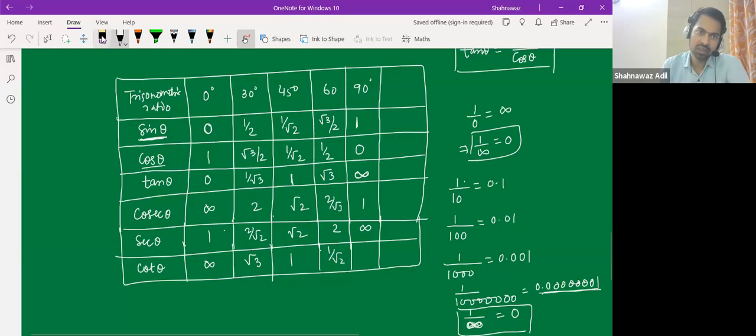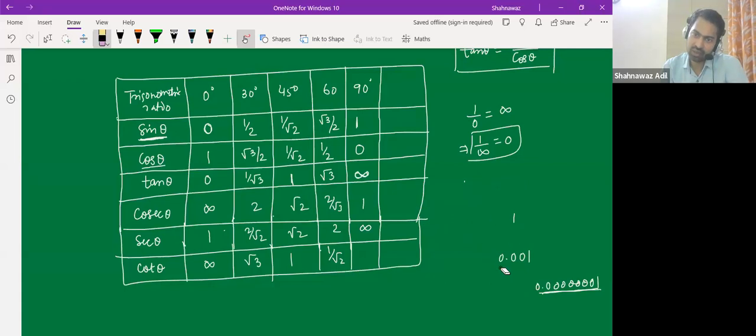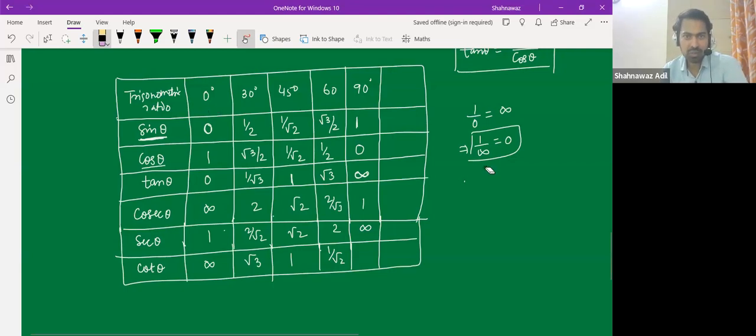Okay. So this is all about the second exercise. In the second exercise, all we need to know is this one. And how can we remember this table? We only need to remember this one, right?